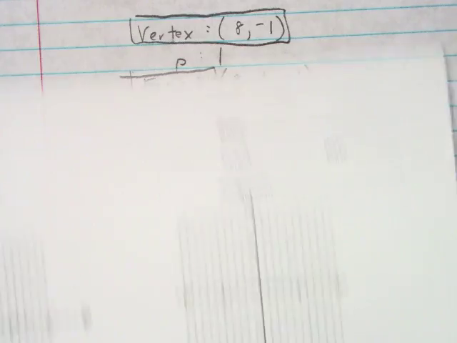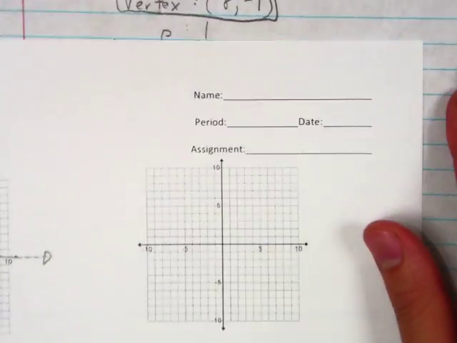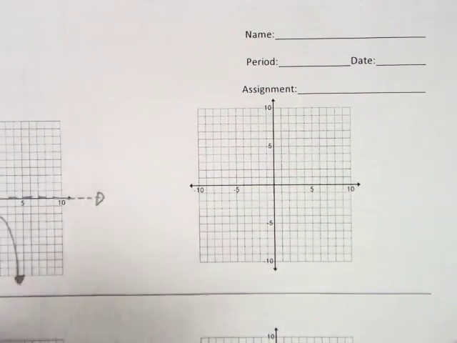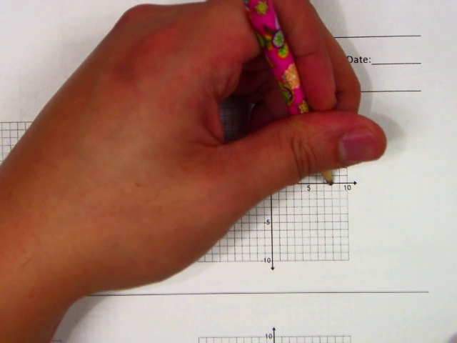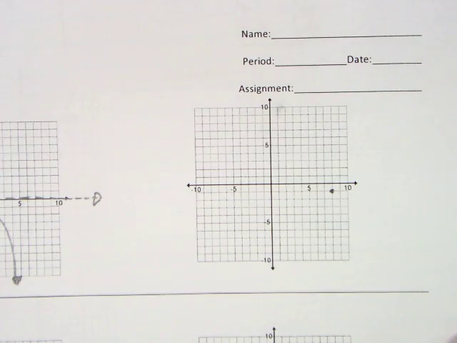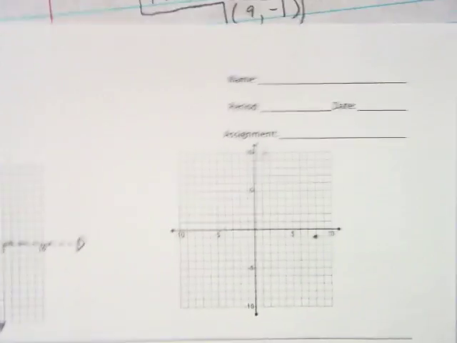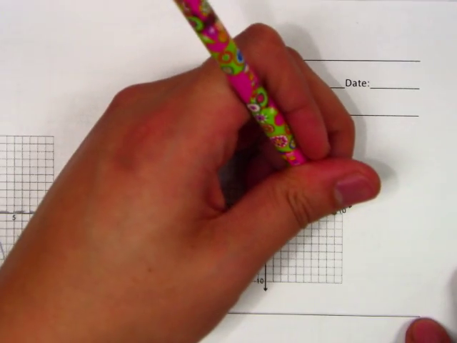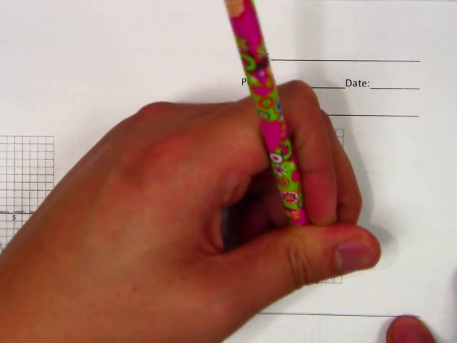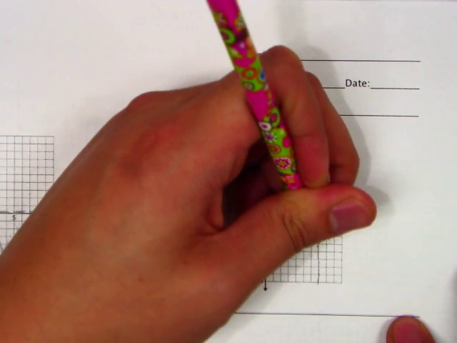Okay, so now we have to be able to graph it. The vertex is 8, negative 1. Our focus is 9, negative 1. And then our directrix is at negative 7.